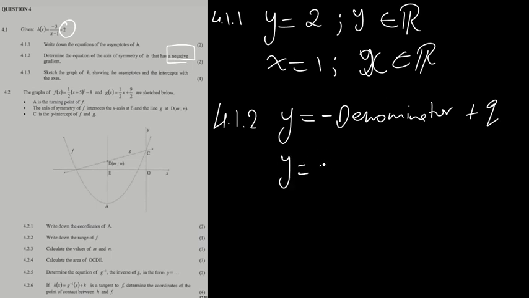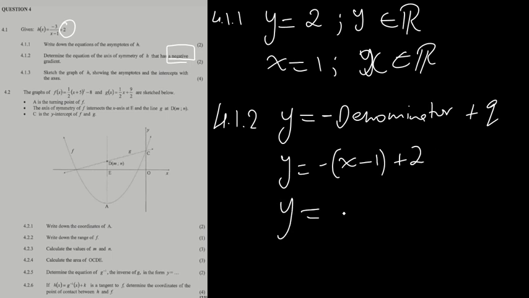Otherwise, you say y is equal to negative, then your denominator here in this case is x minus 1. So you say minus into x minus 1 plus, then the value of 2 in this case is this number 2. So you just say plus 2.